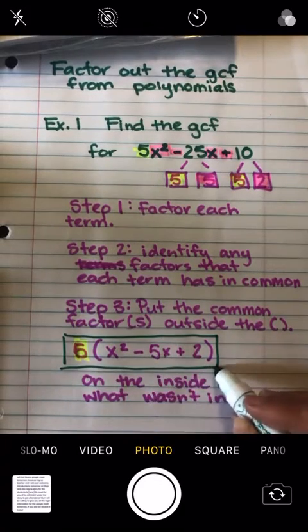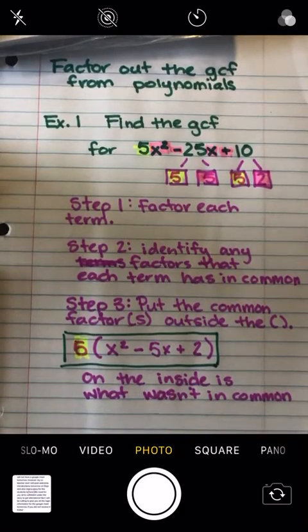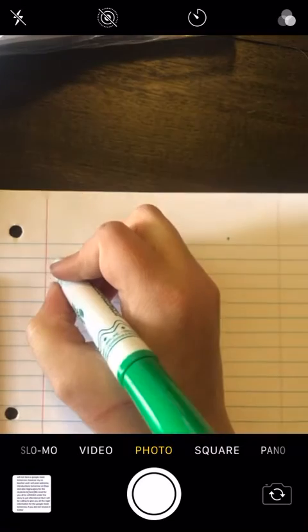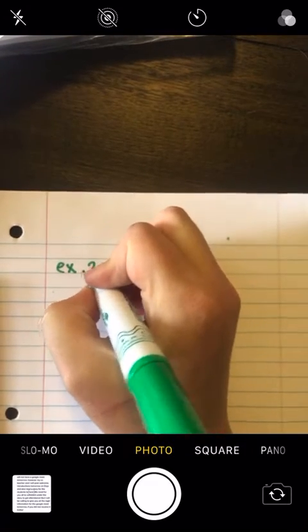Now you're saying, Miss P, I already knew that 5 could divide into all of those. So there's a second way that you can solve these. Let's use a different example. Example 2.